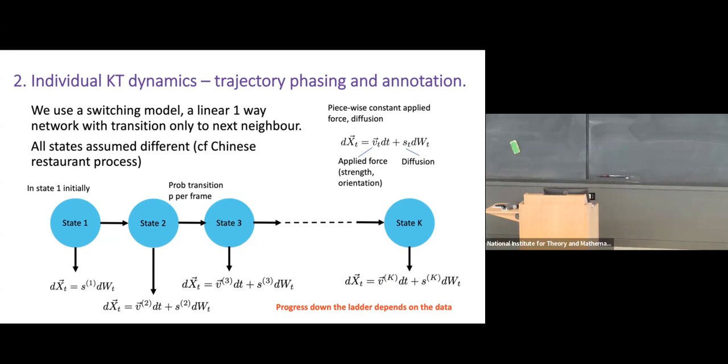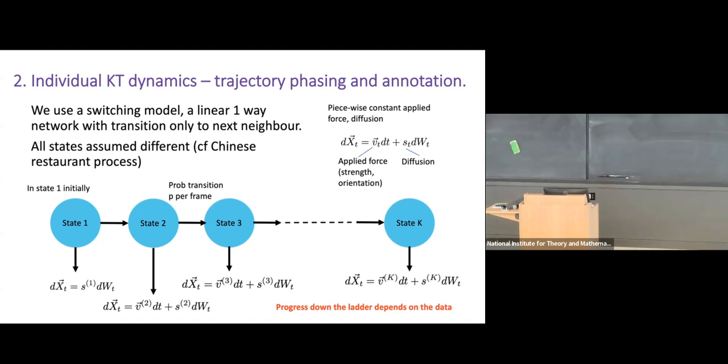So I'm going to switch to looking at individual kinetochore dynamics. Very similar to what I did in metaphase, but we're going to develop new models to do this. So we use a switching model. It's one way, so you can move from state 1 to state 2, state 3. We have k states; in our analysis, we have 9. And these have associated unique dynamics.